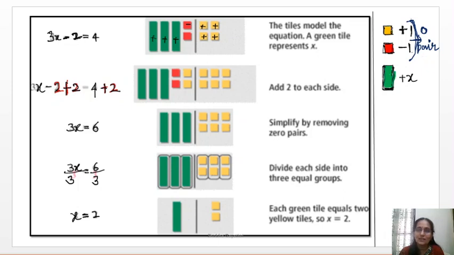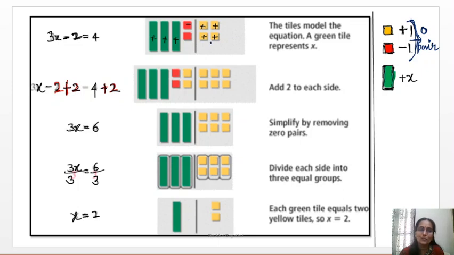You have to consider these two squares together as a 0 pair. Now the green strip represents plus x. Already you know to represent integers with two colors, red for minus and blue for plus. You have done the activity for integers.